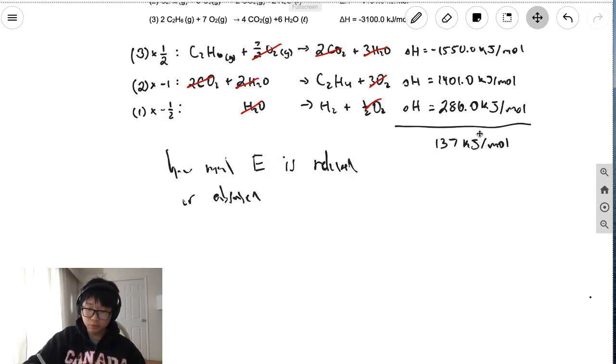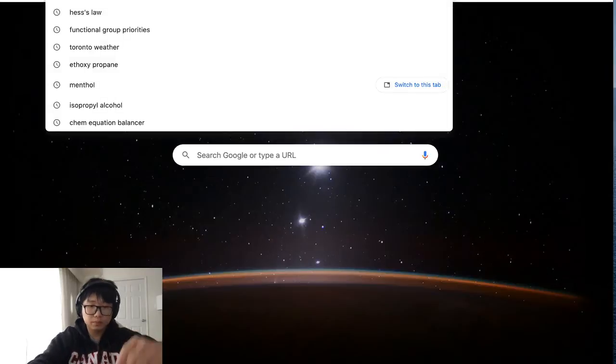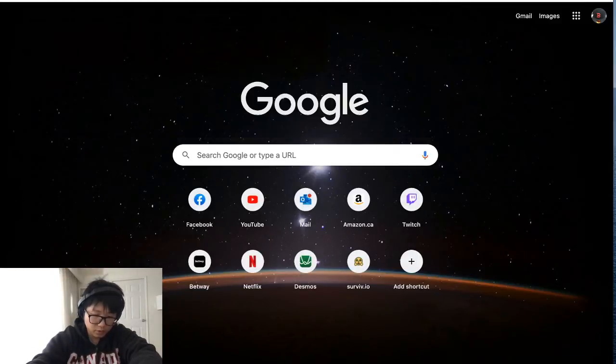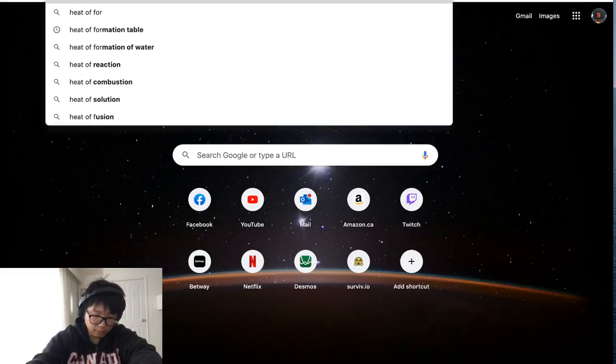Okay, so sometimes you might also see another type of question. Okay, this might not be like Hess's law, but I kind of categorize that as a Hess's law type question. But it has to do with heat of formation.